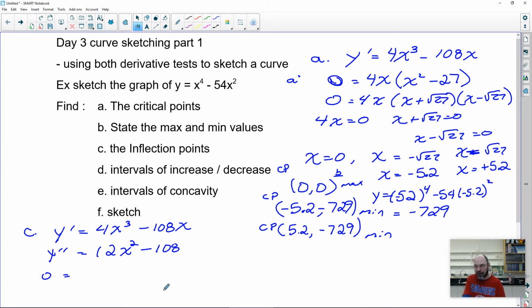Okay, when we do that, we can divide 12 into 108, and we get 9, I guess. So this would be 12 times x squared minus 9.